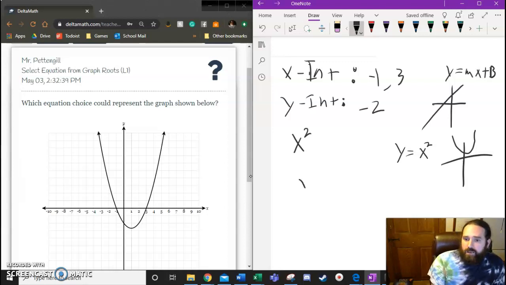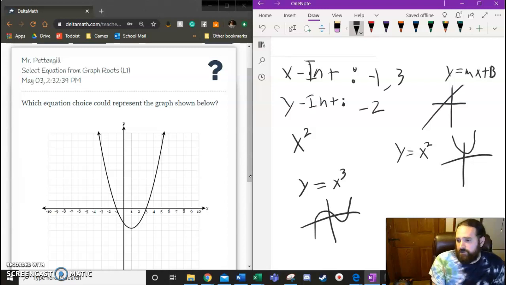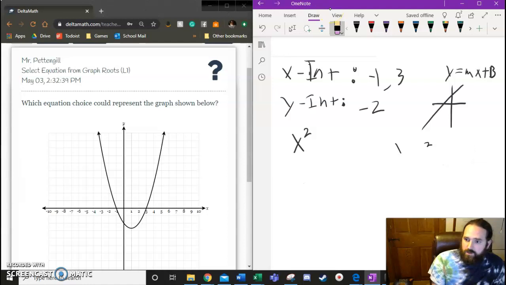If you had y equals x to the third, your line would change direction twice. Again, bad graph, quick scribble just to show you. So if you had a problem where the graph looked dreadful, but you needed to figure out what equation it went to, I'm going to give you a quick example.